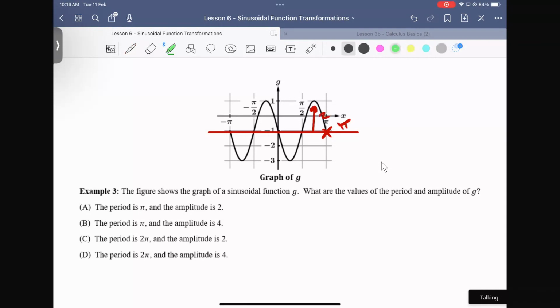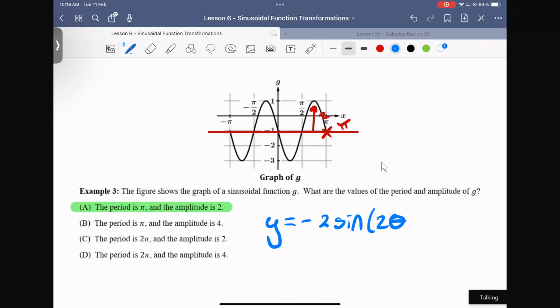So I think the correct answer is going to be A. This is going to be y equals 2 sine... Oh, not quite. Okay. This is going to be minus 2 sine 2 theta minus 1. This is the function if you wish to know.